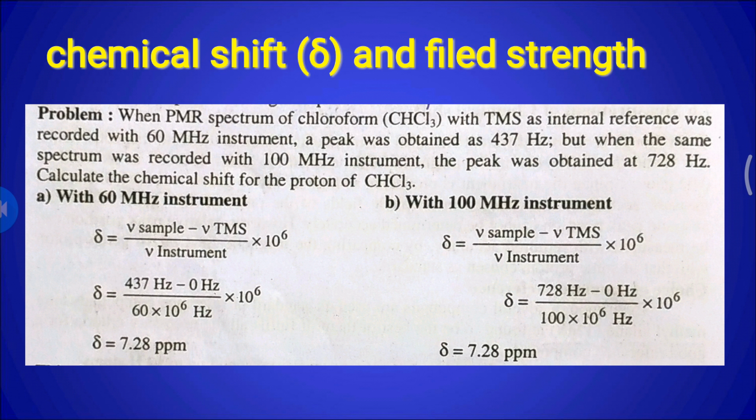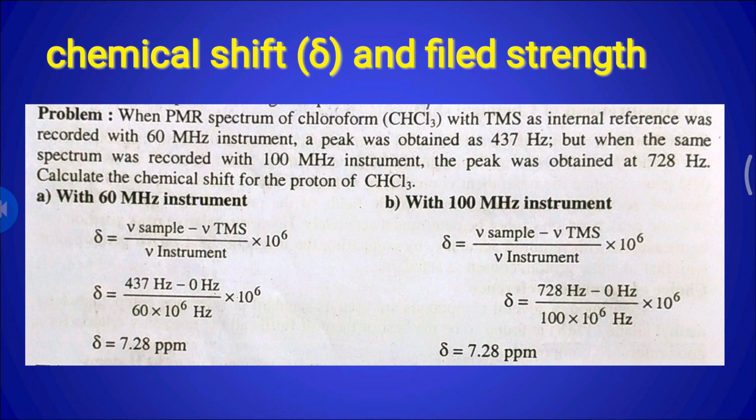Here, chemical shift delta and field strength. There are two examples using different instruments, a 60 megahertz instrument and a 100 megahertz instrument, for the PMR spectrum of chloroform. We use TMS as the internal standard. When recorded with the 60 megahertz instrument, a peak was obtained at about 437 hertz.